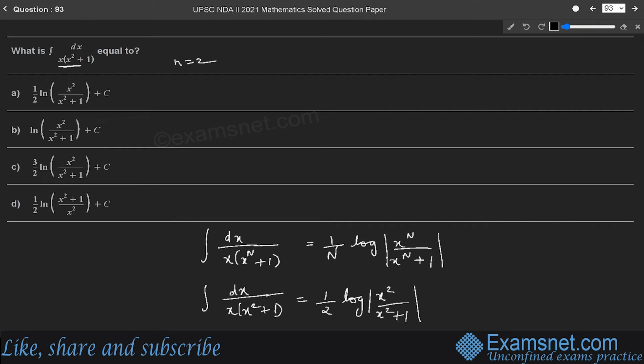This is the required solution for this question. So, the correct option here is option A, which is 1 by 2 log x square upon x square plus 1 plus c. There is also a derivation for this term, but you don't have to go for that. Just remember the short trick and you will easily get the solution for this question.